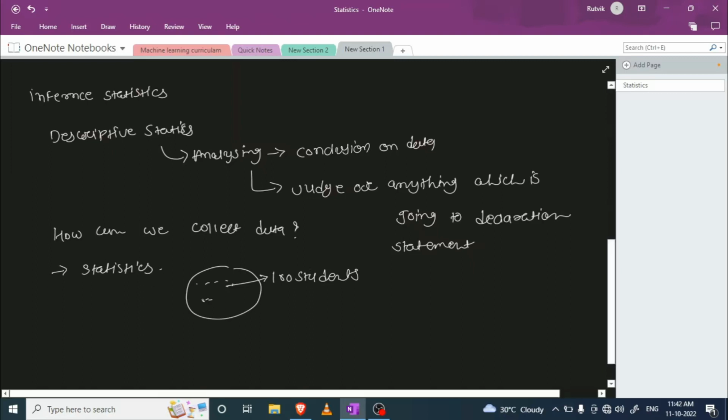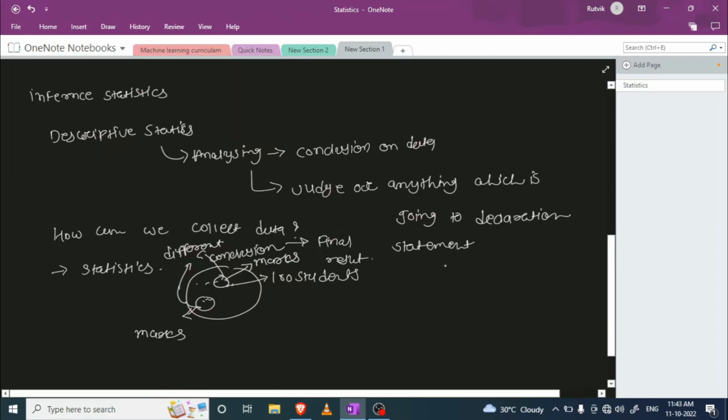Here I am going to ask 10 students their marks. Whatever conclusions we get from the 10 students, I merge them and come up with a different conclusion, and that would be my final result.